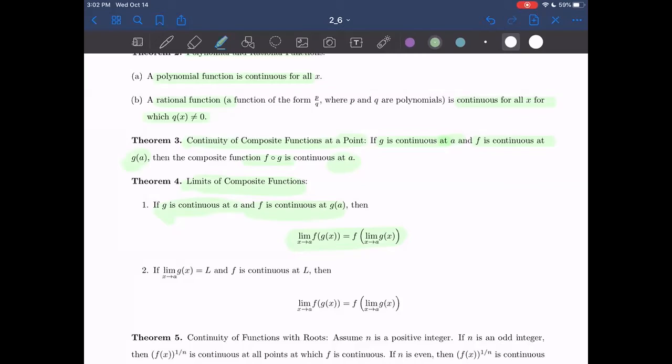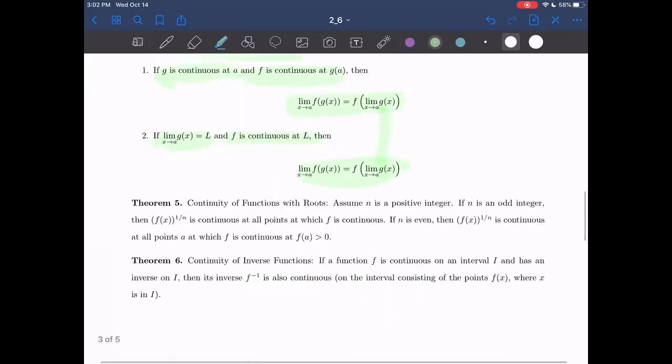One other way to look at that is if we know the inside function's limit is equal to a point, and we know that f, the outside function, is continuous at that value, then that same limit property holds. So that's two different ways to think of that.